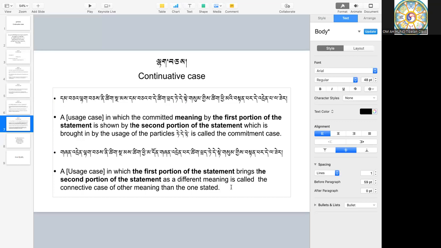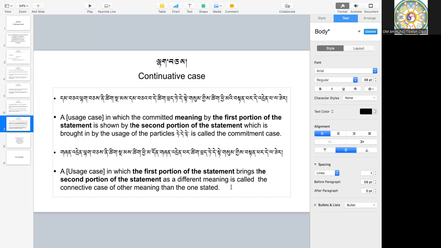The one stated is the first portion, which is the table, and the one which is being brought in by the continuative particle is the bed, which is just a different phenomenon than the table, and there is nothing else that relates in between. And this particular type of usage case is known as the connective case of the other meaning than the one stated.